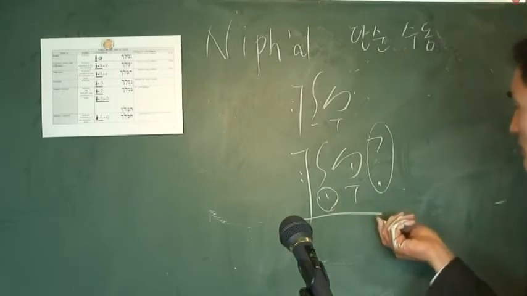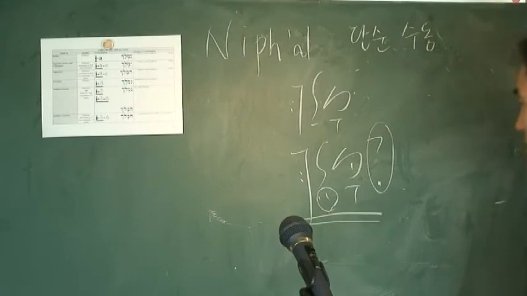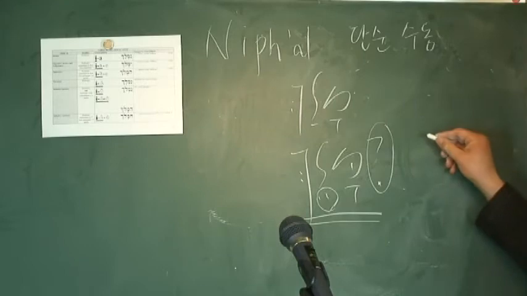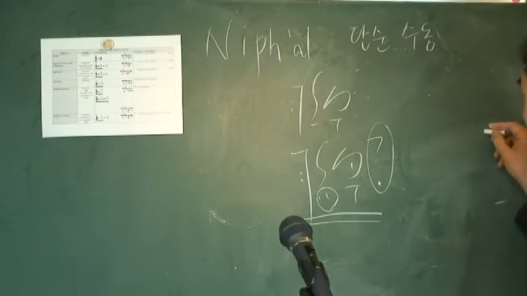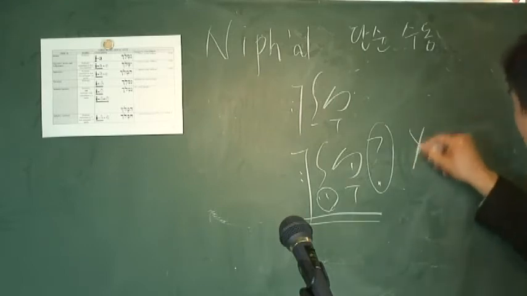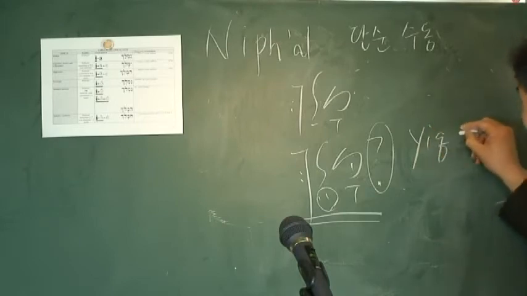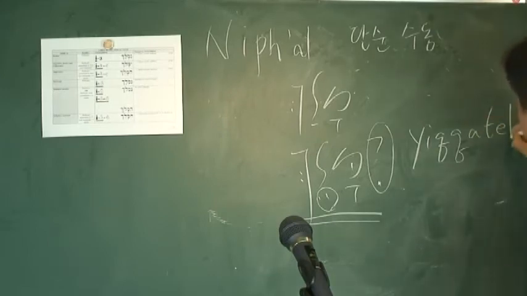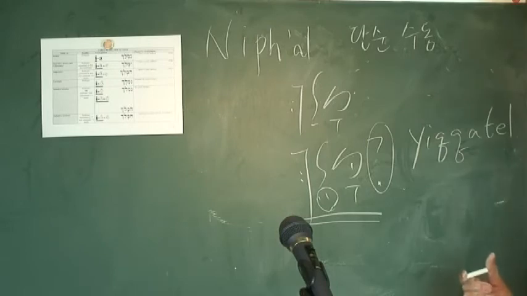In order to find the imperfect form of the Niphal verb, we must use the name to identify the model. Yikkatel. The imperfect form of the Qal verb was yiktol.